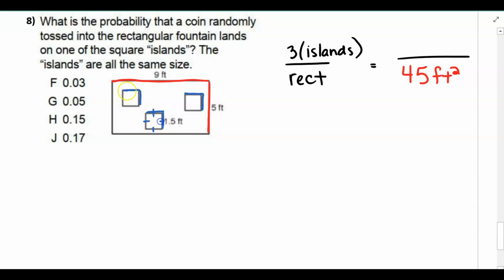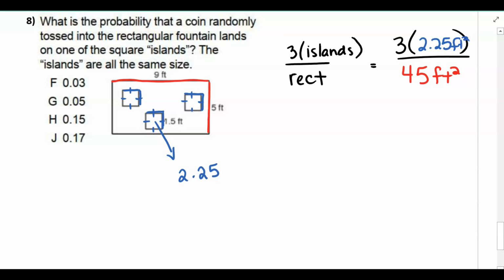All the sides are congruent on all of these. So the area of each island is 1.5 times 1.5. So each island has an area of 2.25 square feet, but there are 3 islands worth 2.25 square feet.